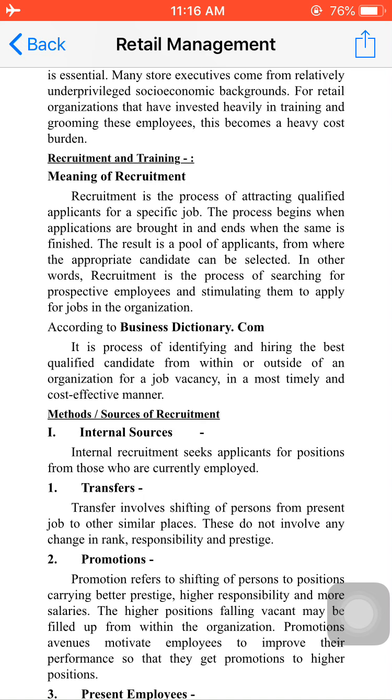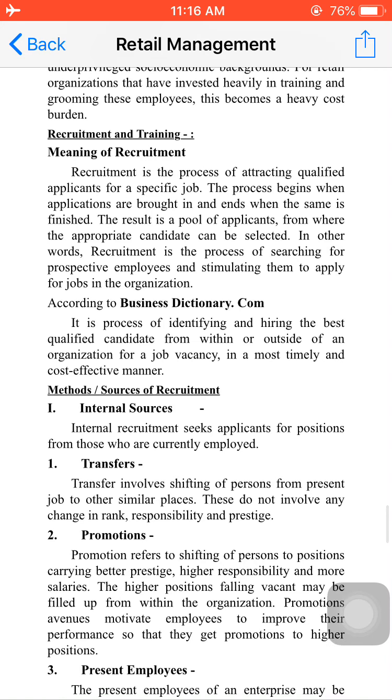In what mode can it attract? Through advertisements. You can see various advertisements in the newspapers, for both private sectors as well as government sectors. Both kinds of organizations follow the same thing. They publish the necessary advertisements so that people can apply for the jobs.